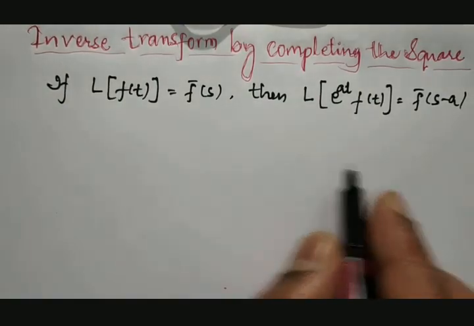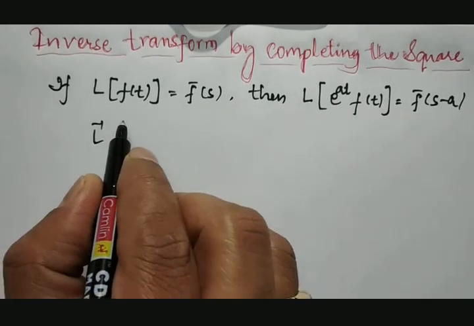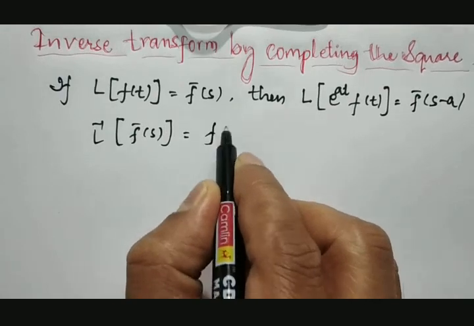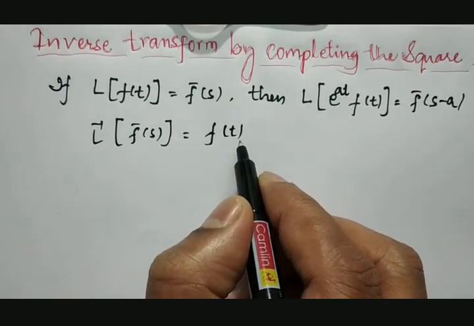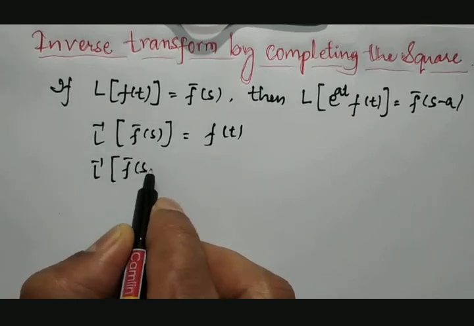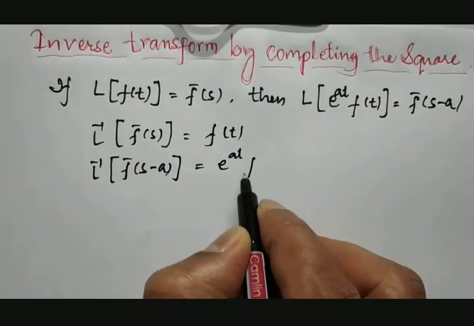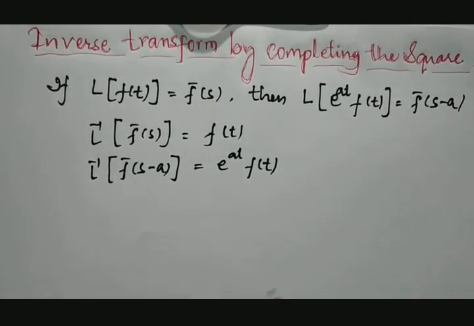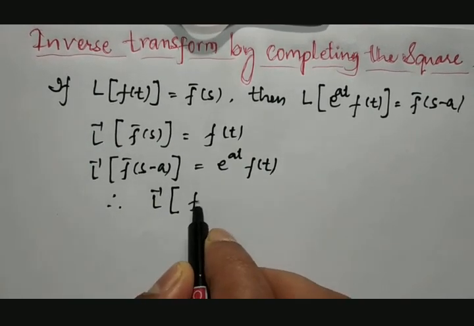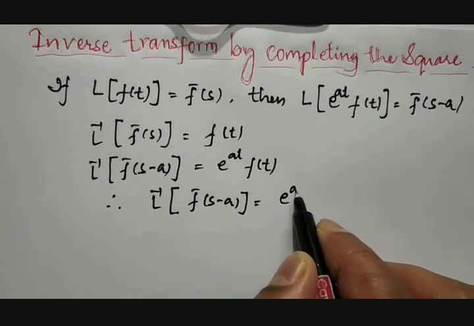Then if you consider this result, we can say that Laplace inverse of f bar of s will be equal to f of t. Fine. Therefore, Laplace inverse of f bar of s minus a will be equal to e raised to at into f of t.